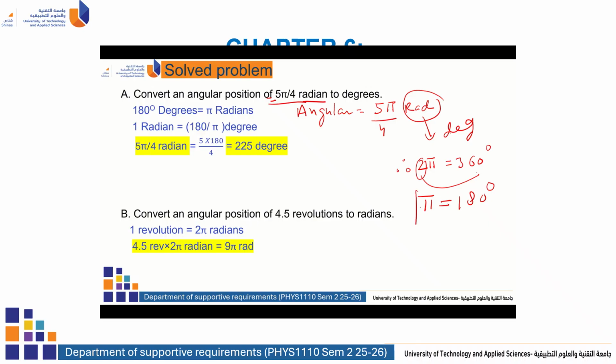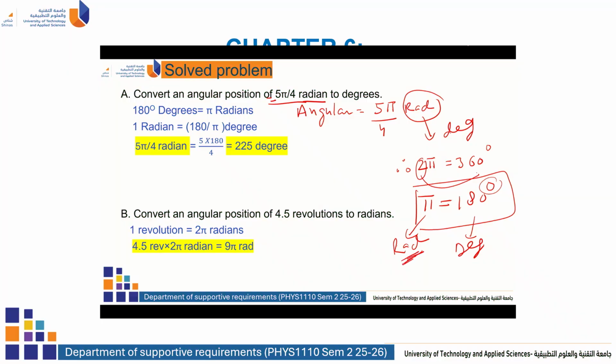The unit of pi is radian and the unit of this number 180 is degree. So this is the relation between radian and degree.